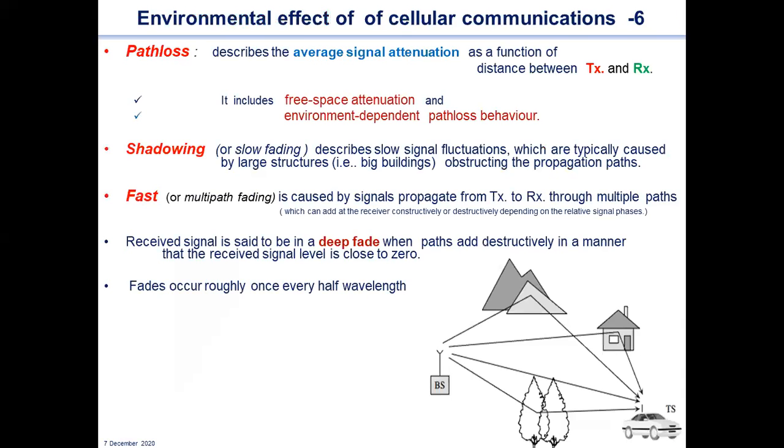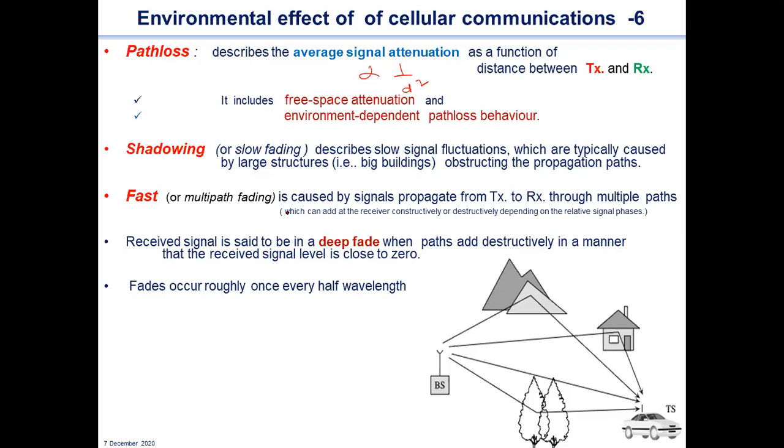These are a few details about the path loss. Path loss describes the average signal attenuation as a function of distance. As I mentioned, it is proportional to 1 by d square, the square of the distance.